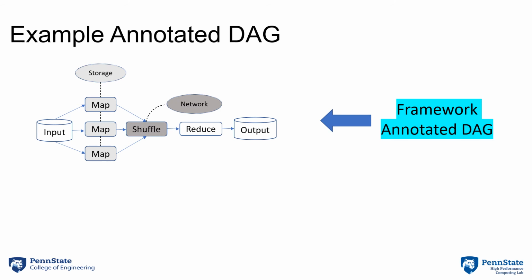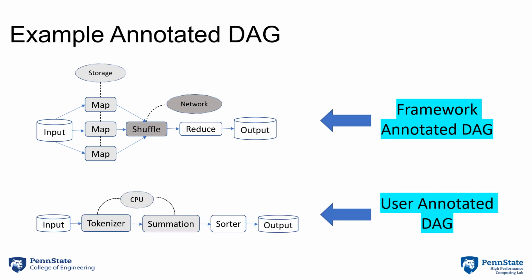Similarly, the vertex here is a shuffle vertex and is expected to use a lot of network. Hence, a network annotation has been attached. The user also has an option to attach their own annotation to the vertex. Here, the user feels that both the tokenizer and summation might be CPU intensive and has attached their own annotation, which might be more accurate.